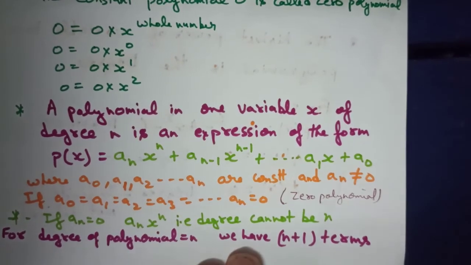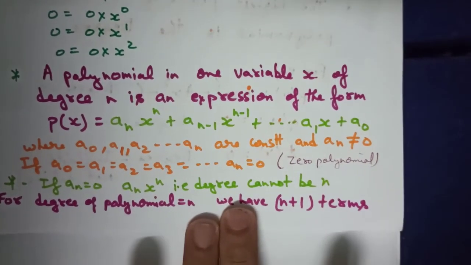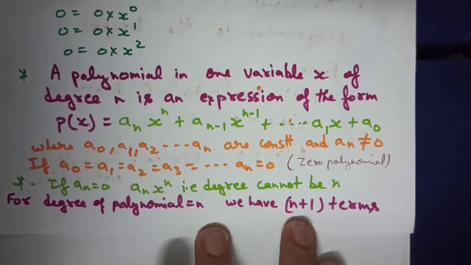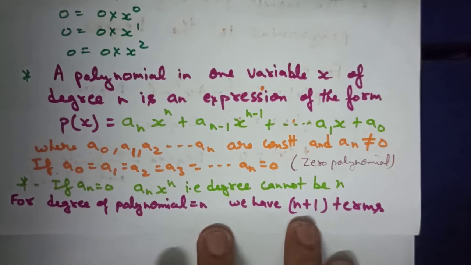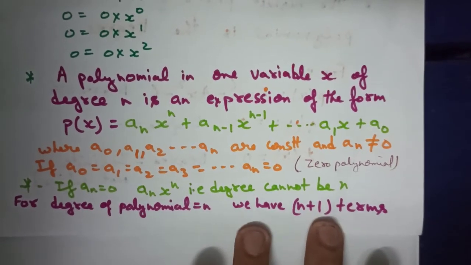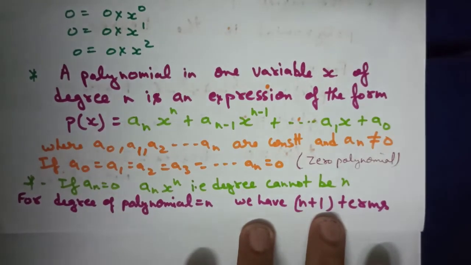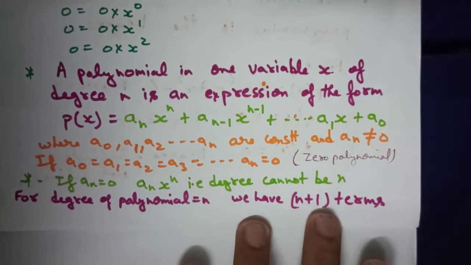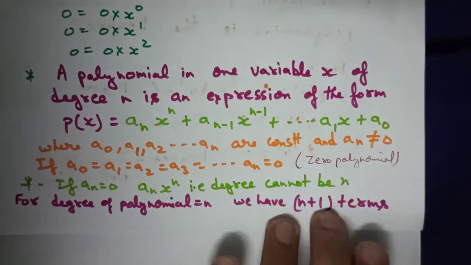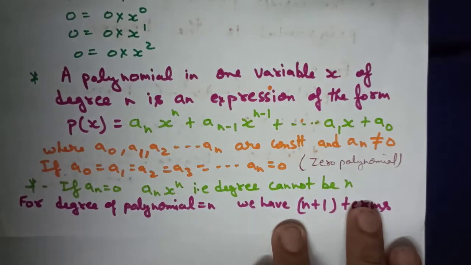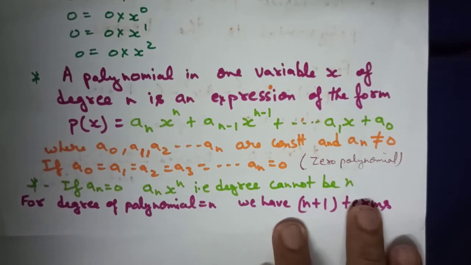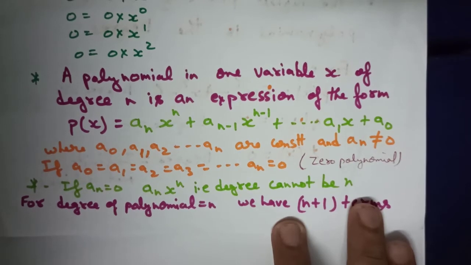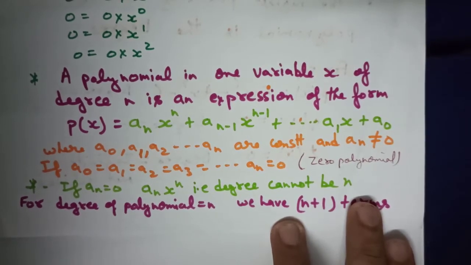Next point: a polynomial in one variable x of degree n is an expression of the form p(x) equals a_n x raised to power n plus a_(n-1) x raised to power n minus 1 plus ... plus a_1 x plus a_0. Here a_1, a_2, a_3, up to a_(n-1), a_n, a_0, these all are constants, and the value of a_n can never be equal to 0.